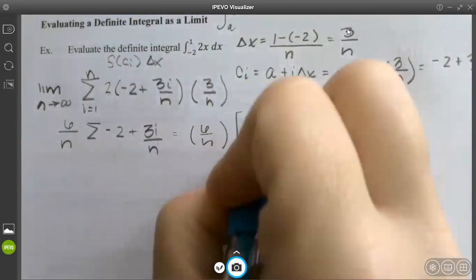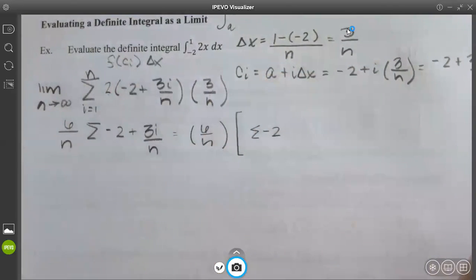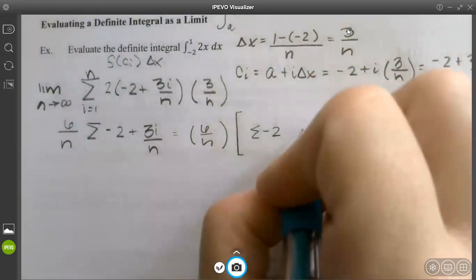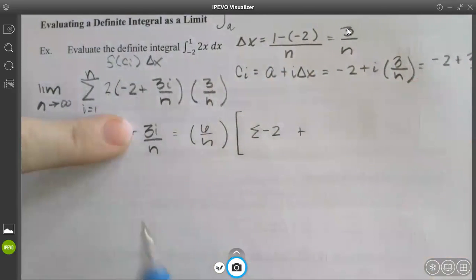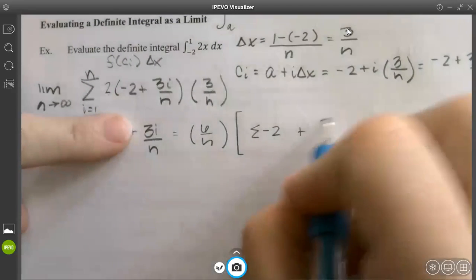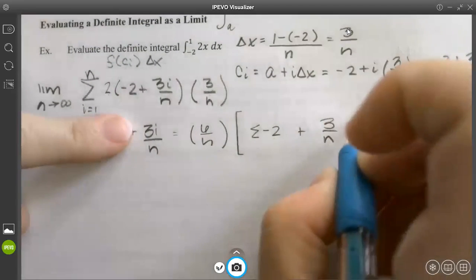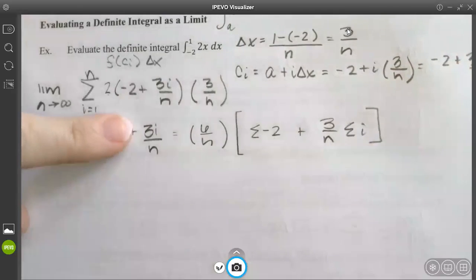We're going to split our summation up of -2 plus, what can I do to this 3i over n? What do I need to do before I do the summation? Take out the 3 over n, so I'm only doing the summation of I.